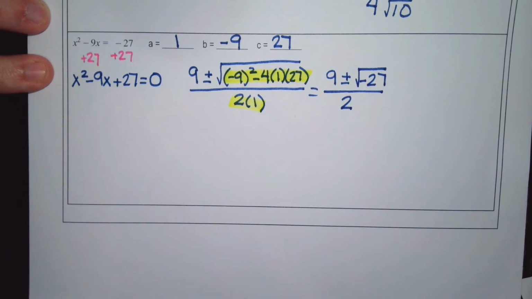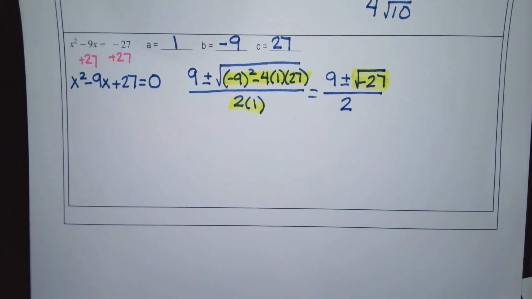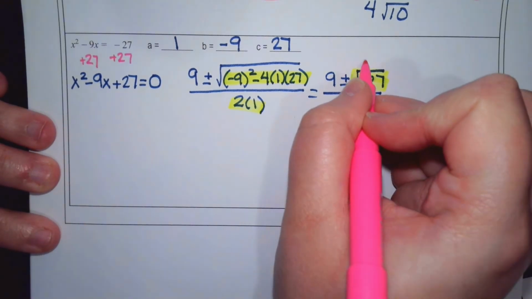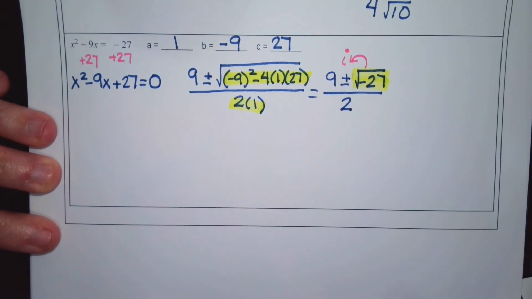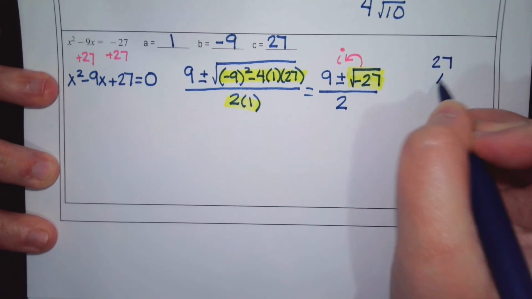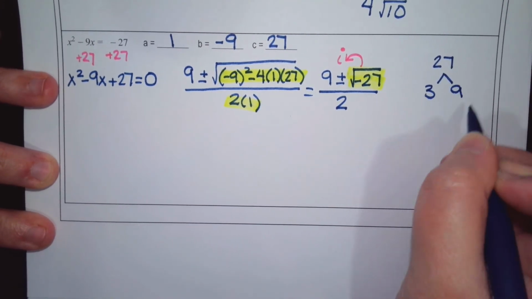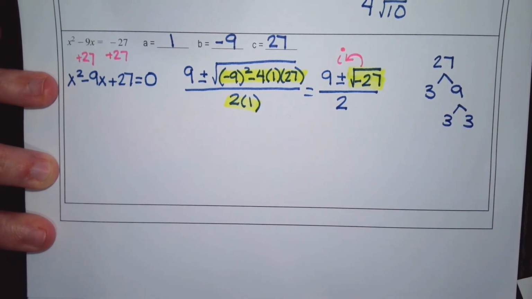All right, now we need to simplify the square root. So as you can see, we have a negative on the inside. So we're going to bring out that negative, and there's going to be an i in front. We now also have to break down the 27. So 27 gets broken down to 3 and 9, and 9 gets broken down to 3 and 3.